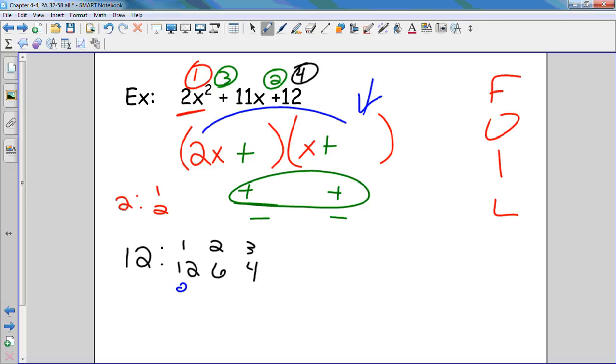So think about it. I'm just multiplying by 2. 24 and 1, does that work? No. Okay, 12 and 2. No. 8 and 3. I'm looking for a positive 11. Yeah. So I know that it has to be 4 and 3. And I have to double which number? The 4. I have to double the 4 because the two numbers that work are 8 and 3.